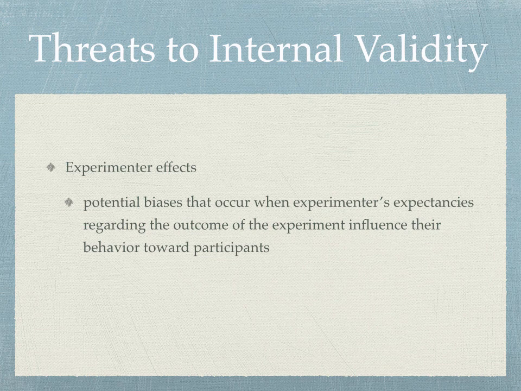And so you may not mean to, but you may inadvertently create a situation where you're behaving differently to the participants, or you're coding things differently. And again, this may not be on purpose. This may be accidental, but it creates a situation where the experimenter can create unequal treatment of the two groups.